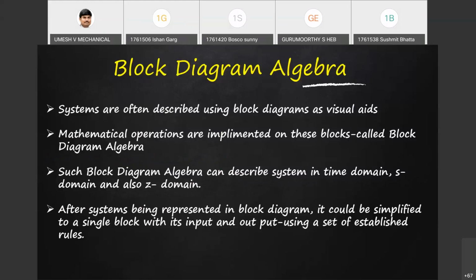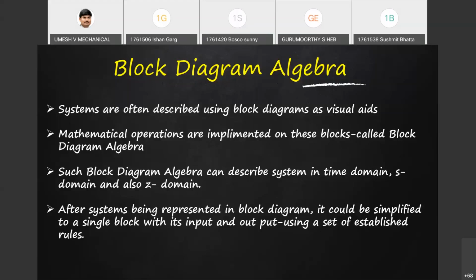I will tell you that later. And some of the mathematical operations are implemented on these block diagrams to reduce it to a canonical form. And such block diagram algebra can help us to get the parameters in time domain as well as in Z transform.